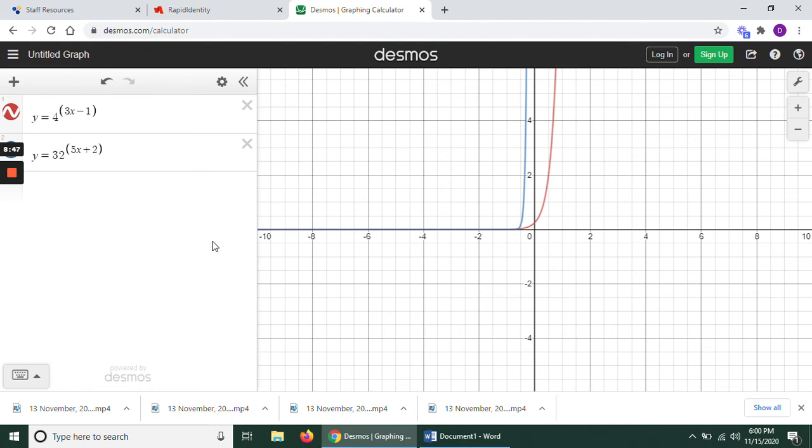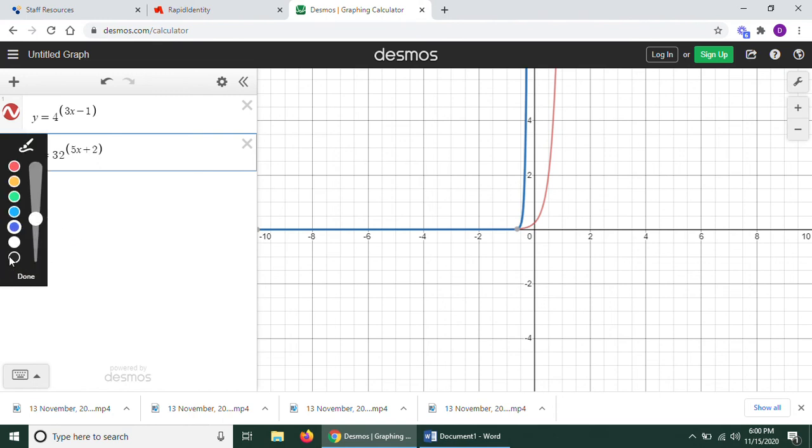Alright, so let me demonstrate again. So we have two graphs here. I'm going to click on this one, and notice a point appears where the two graphs meet, right here.